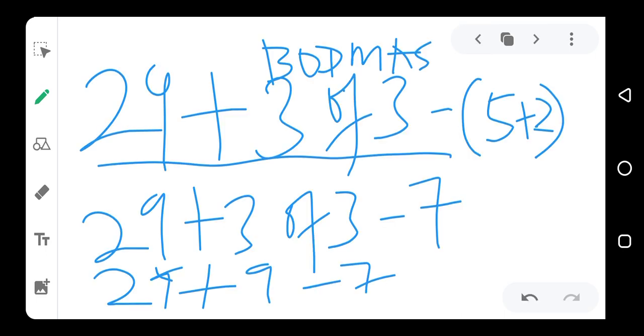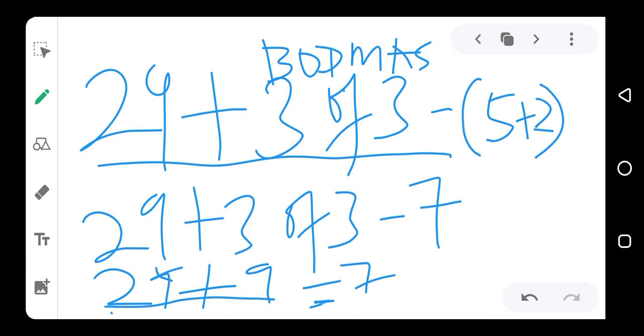Now after of, we look for division. Is there division? No. Is there multiplication? No. Is there addition? Yes. So we leave the minus and come to addition, which is this one.